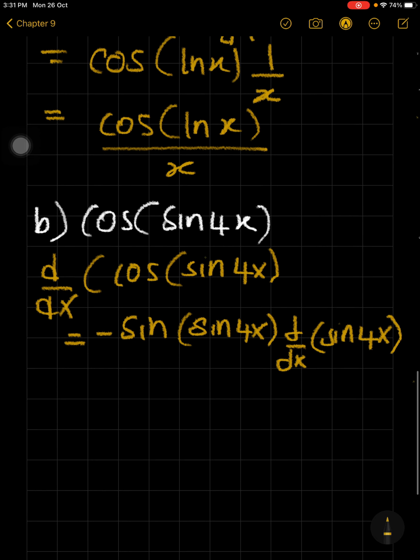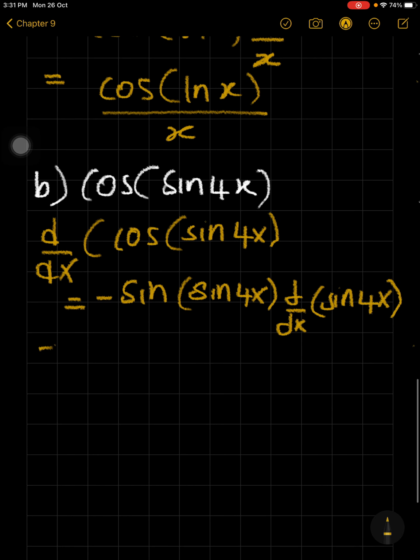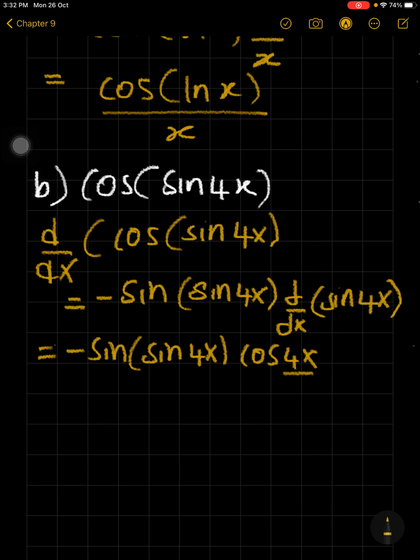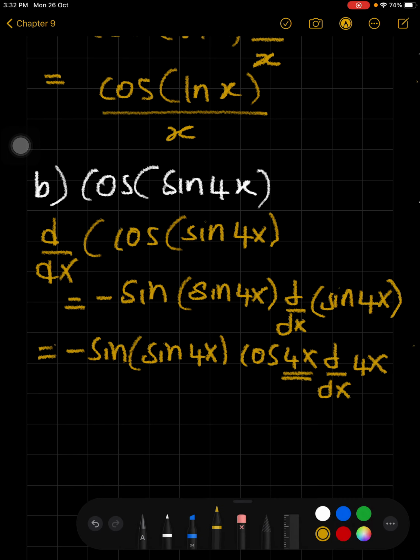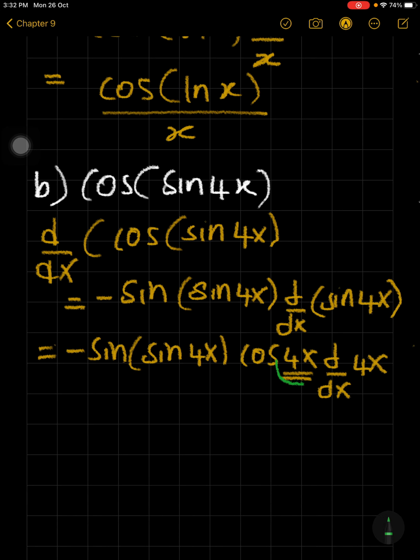So okay, hak ni banyak sikit sebab 4x pun you kena differentiate juga. Okay, so bila you differentiate, you akan dapat negative sin 4x. Okay, differentiate sin 4x, you get cos 4x, right? And then 4x ni you kena differentiate lagi, d/dx 4x. Sebelum ni kita differentiate x je, x tu 1. That's why kita tak tulis. Ni ada nilai. So this one you have to be careful.